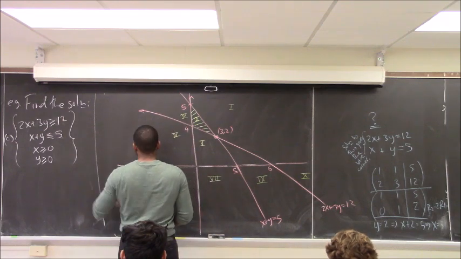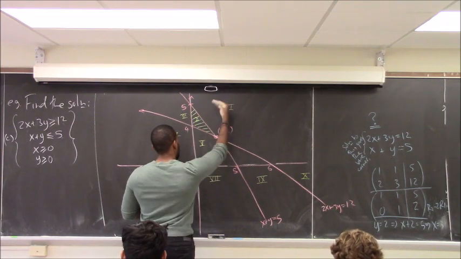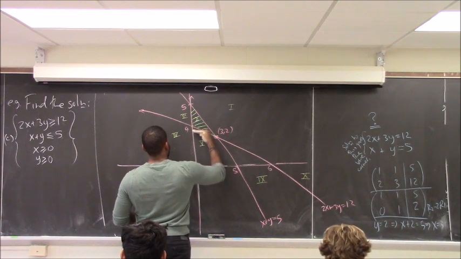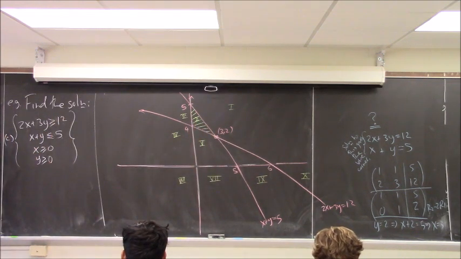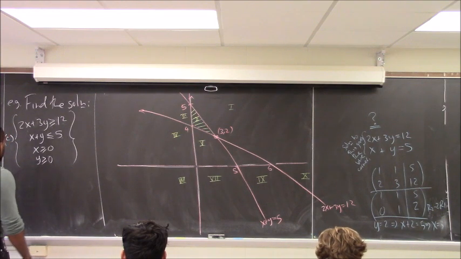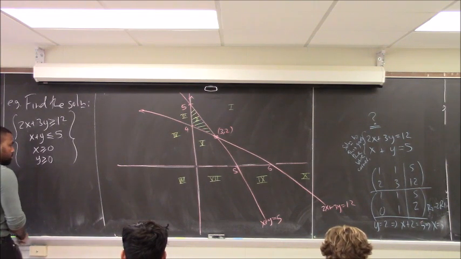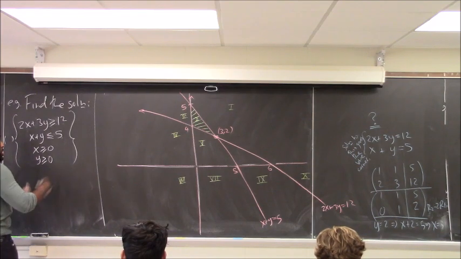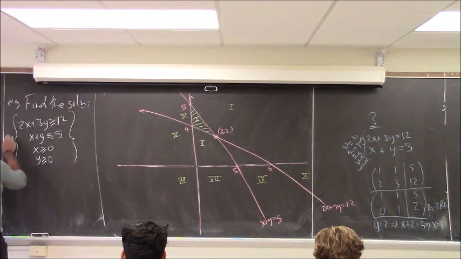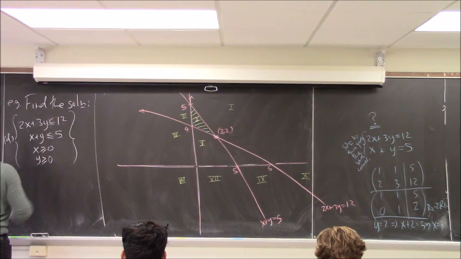So, and you can double check. It's to the right of this, it's above that, it's below this, and it's above that. That's the region that fits all of these at the same time. So that should be your solution to C. At D, I think we need less than.